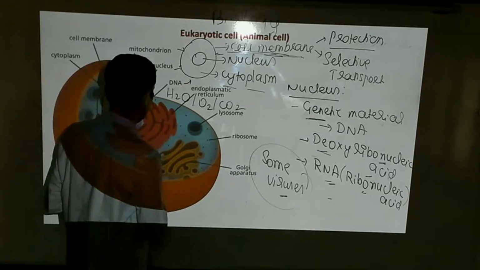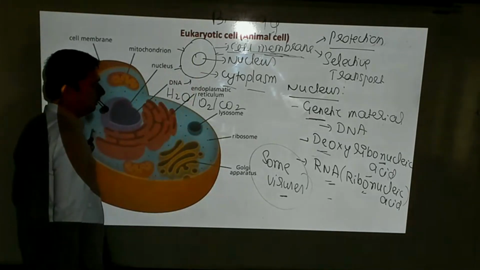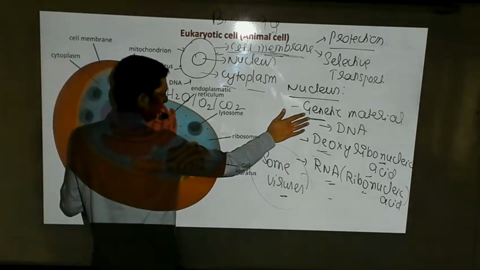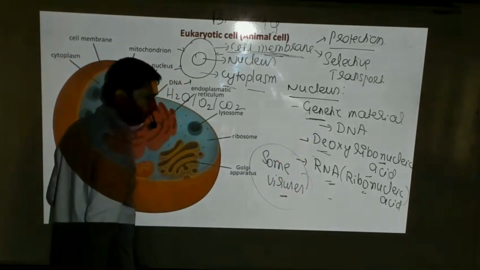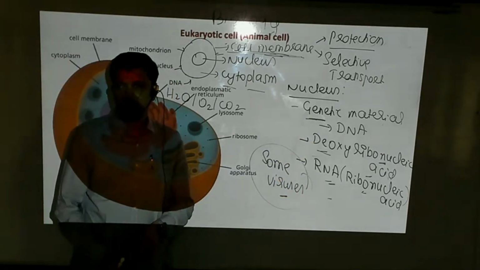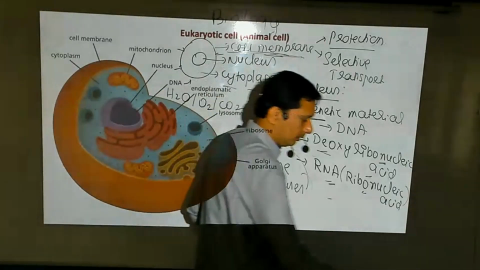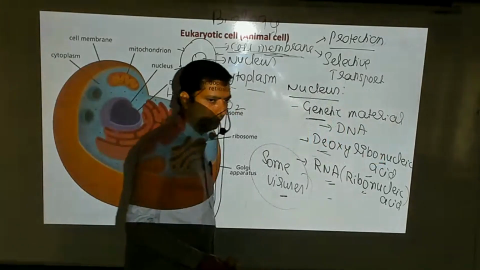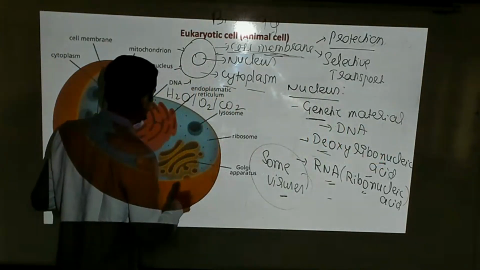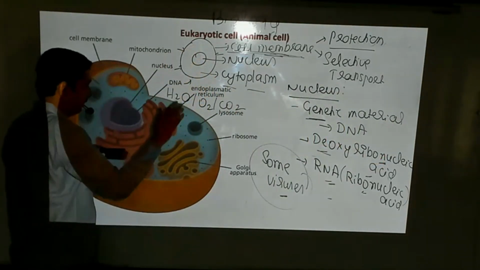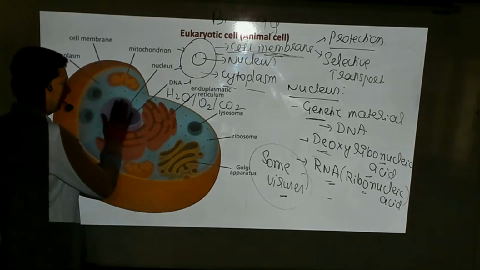Right. So inside the nucleus, we have genetic material that is sitting, which is mostly DNA. Some organisms like viruses may carry RNA as a genetic material. Okay. Right. So what happens outside this? Now let's go outside the nucleus and see what organelles are present here. This is a nucleus.